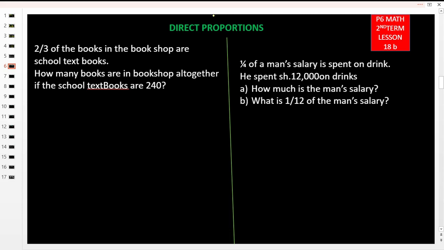Our first question tells us that 3/4 of the books in a bookshop are school textbooks. Then how many books are in the bookshop altogether if the school textbooks are 240?